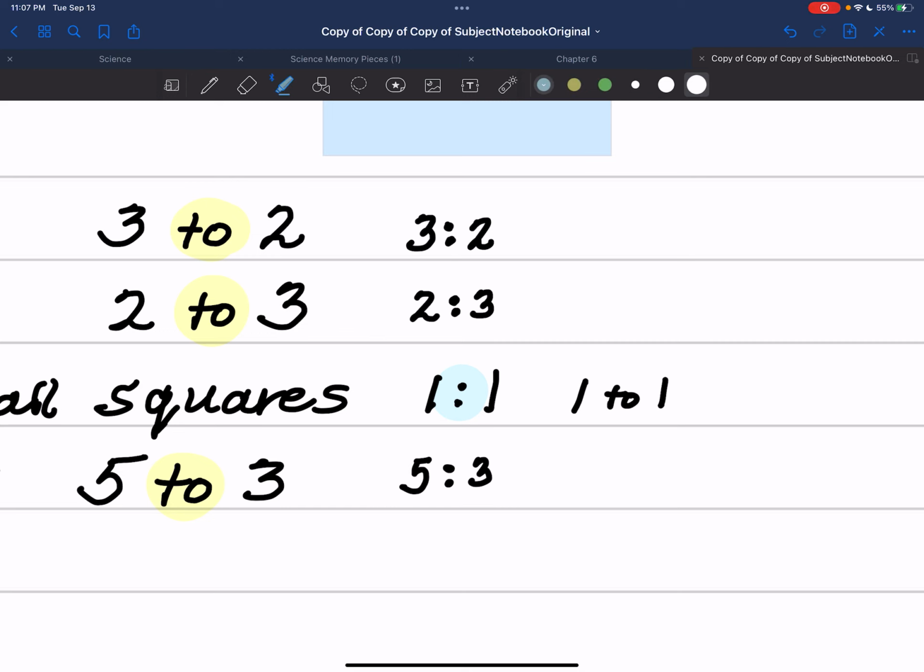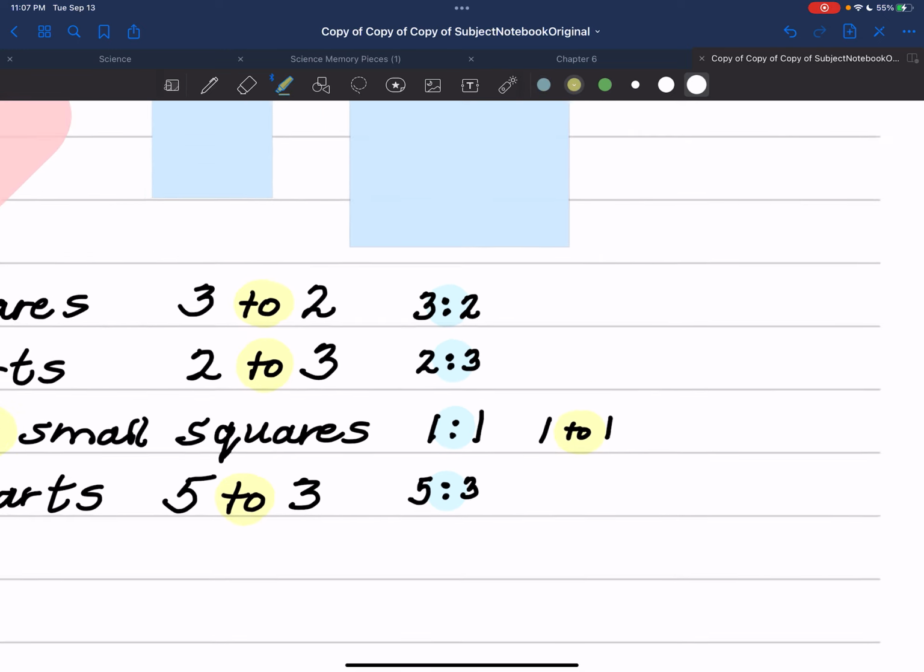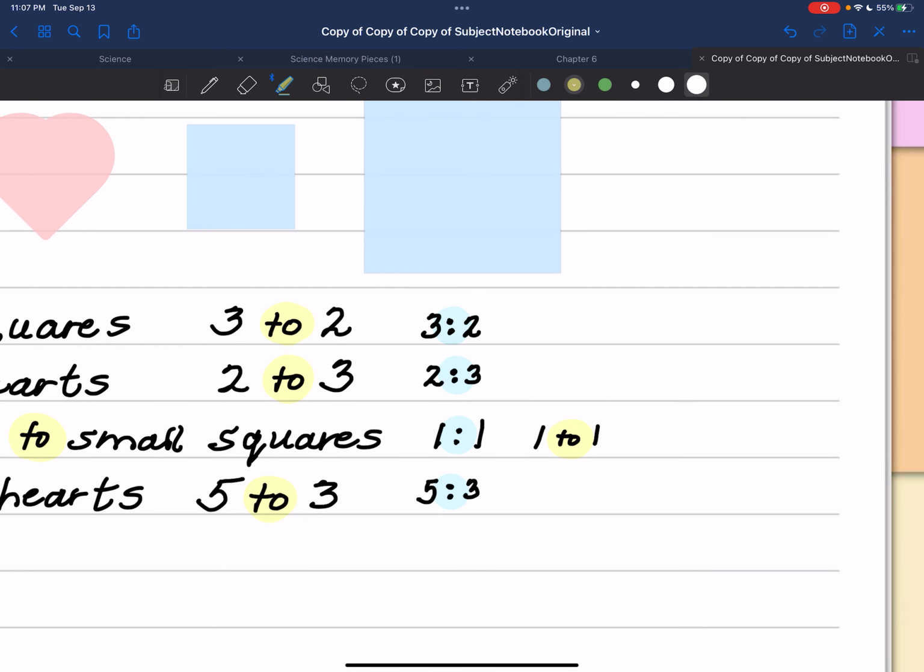And it will just depend on your professors as to which form is used. They mean the same thing. So you can use the colon, you can use the word to, or you can use fraction form. So this one would be 3 over 2. This one would be 2 over 3, 1 over 1, and 5 over 3.